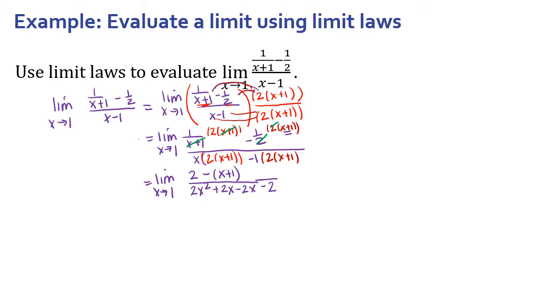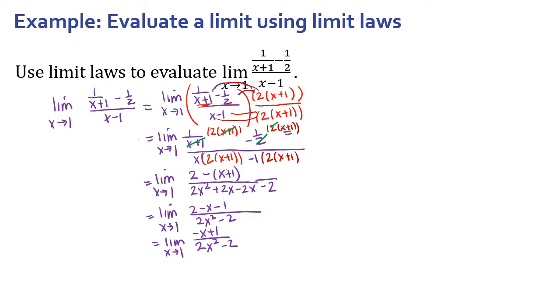All right, so that is going to end up giving us the limit as x approaches 1 of 2 minus x minus 1 all over 2x squared minus 2. So the limit as x approaches 1 of negative x plus 1 all over 2x squared minus 2.